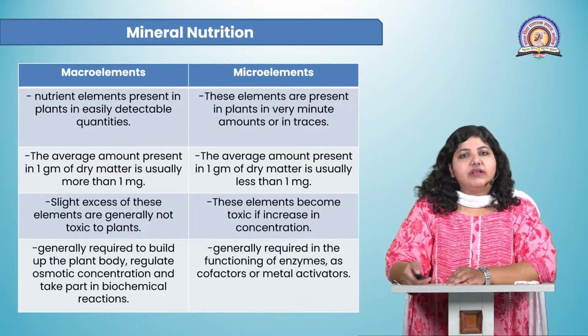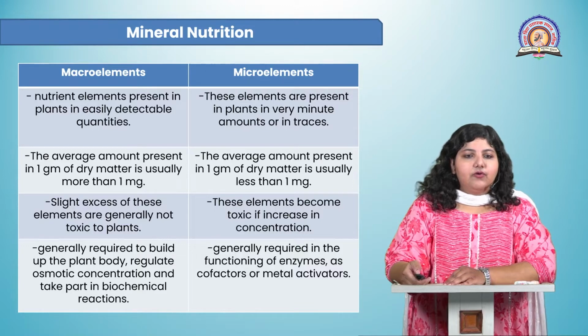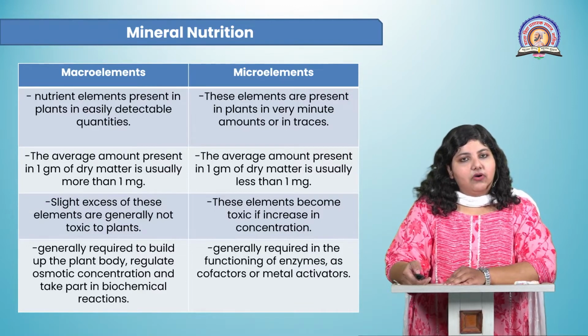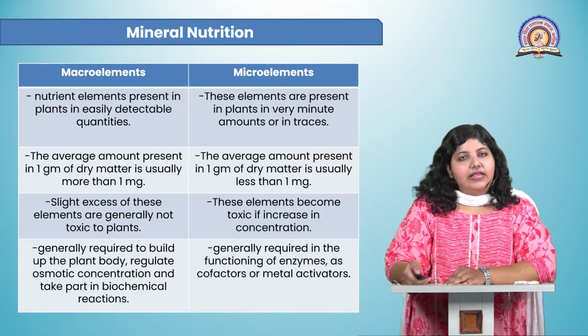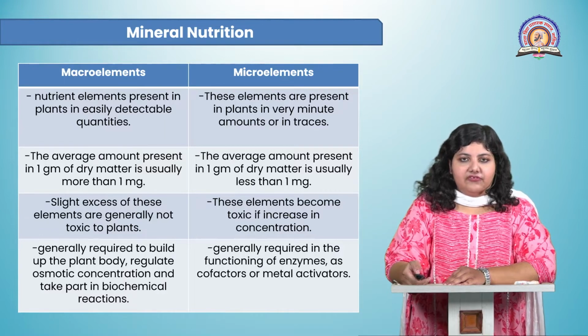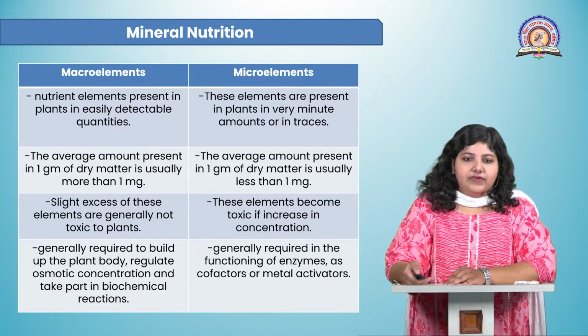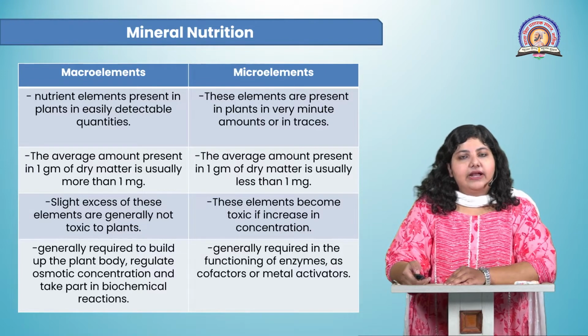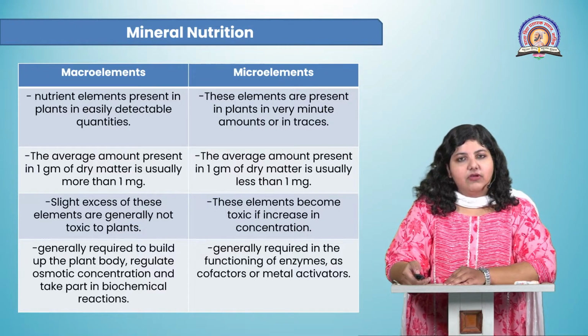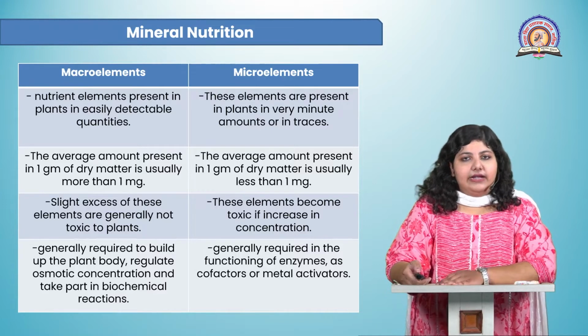Now, macroelements are generally required to build up the plant body, regulate osmotic concentration, and take part in biochemical reactions. Microelements are required for the functioning of enzymes and they usually act as cofactors in enzymes or even act as metal activators.